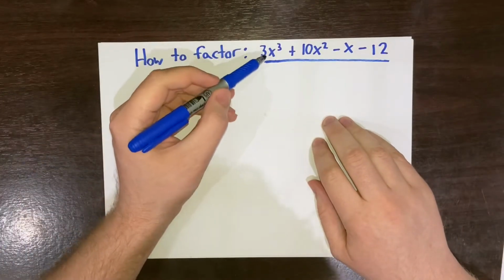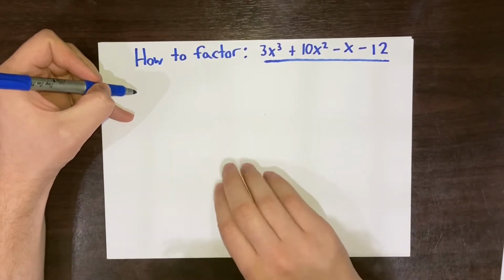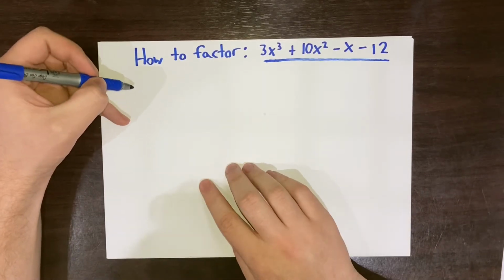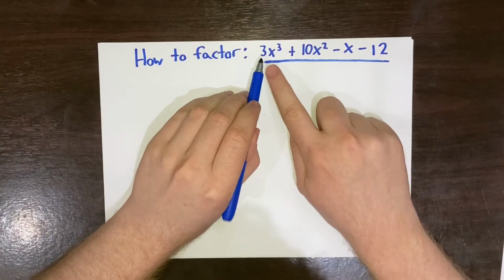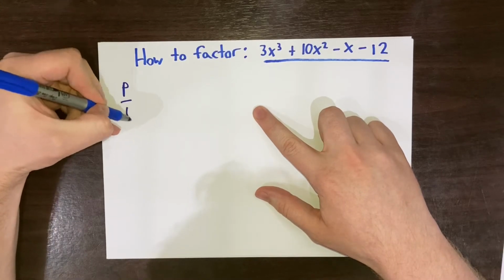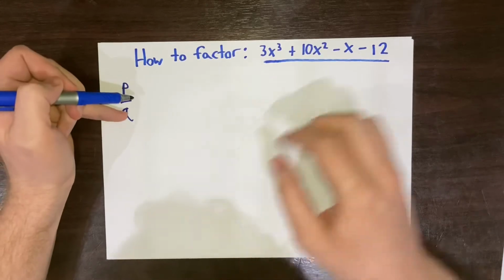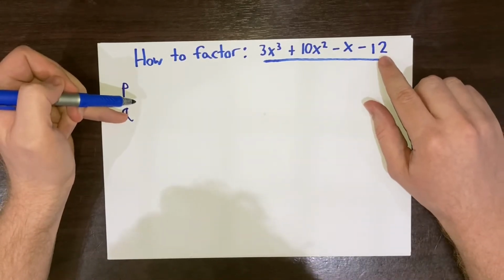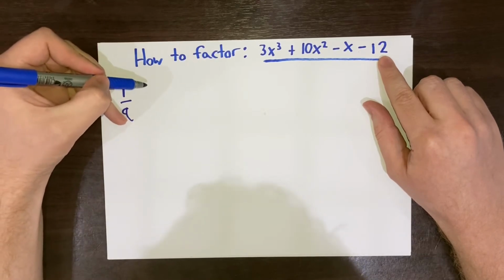So we want to pull out one factor first, and there's this concept called the rational roots test, where every zero, right, for an expression with a leading coefficient which is an integer, can be expressed as p over q, where p is a factor of the constant, or in this case, our d value. So p is going to be factors of 12.